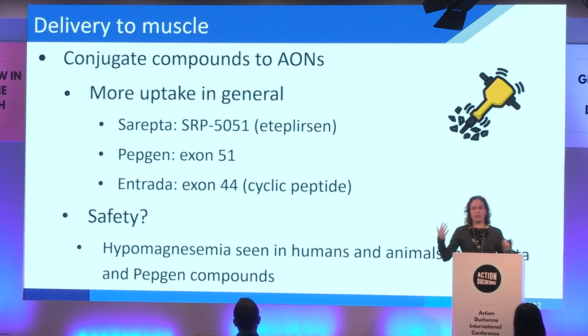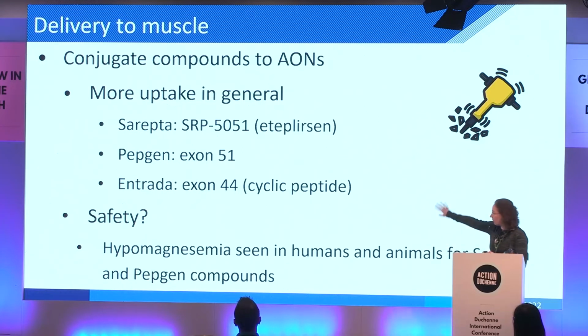Patients are being supplemented with magnesium so that the serum levels don't come too low. But the question is, of course, why do the kidneys excrete this rather than reabsorb it? And is this a sign of kidney toxicity or not? And if it is kidney toxicity, can we do this long term, yes or no? So these are things that we don't know yet. And we also don't know yet whether the Entrada one will actually be safer or not.